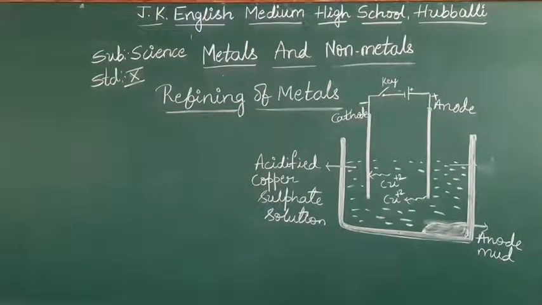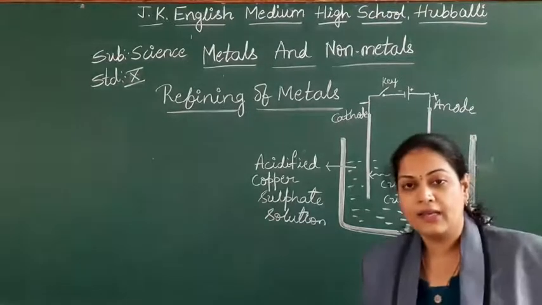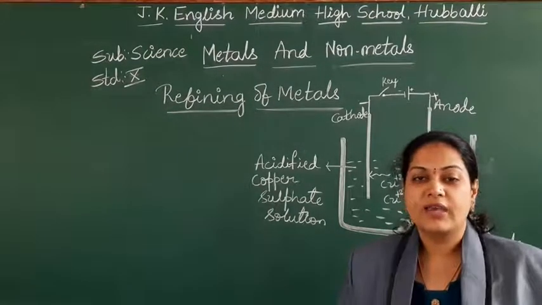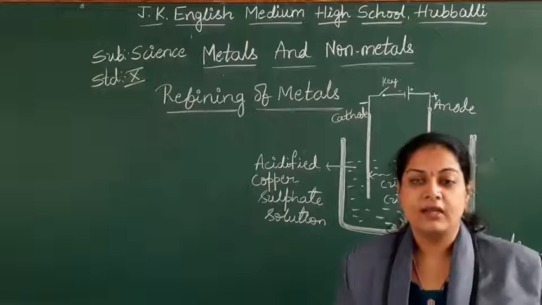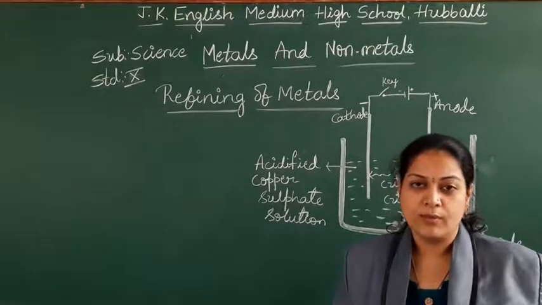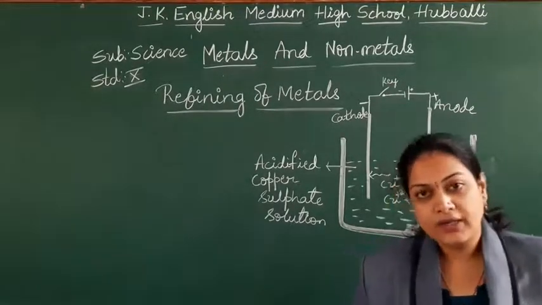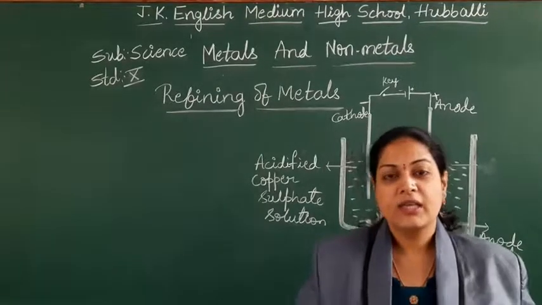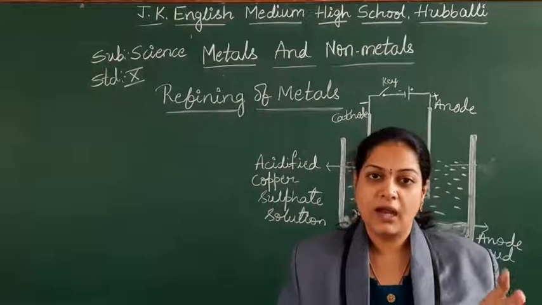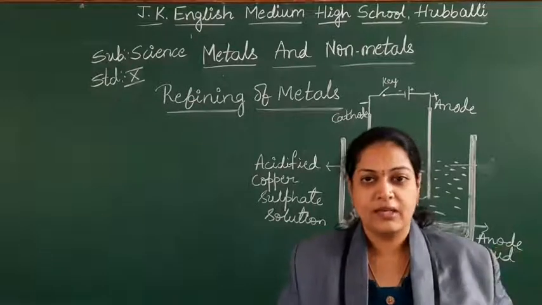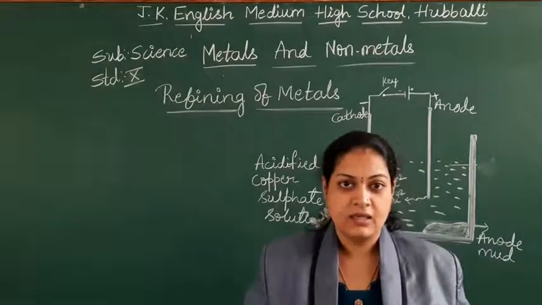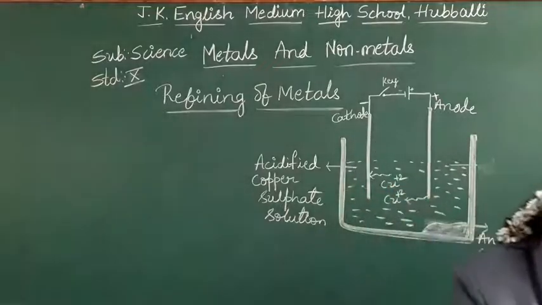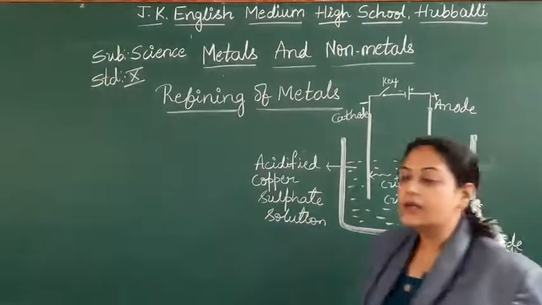For this refining, metals like copper, silver, zinc, nickel, so many types of metals can be used so that we can get the pure form of those metals. Under refining of metals, so many methods come, students. Among them, one of the popular methods, with which we can get the pure form of the metals, is known as electrolytic refining.